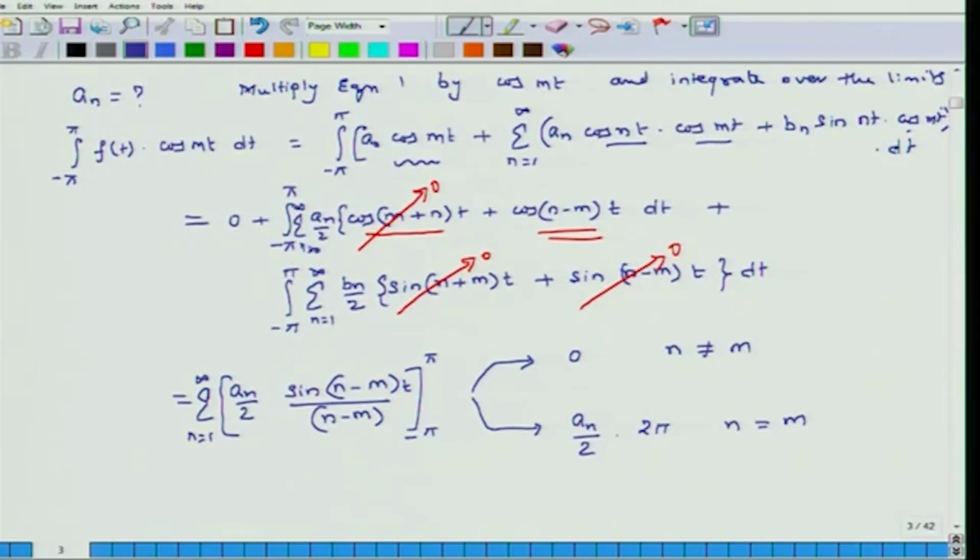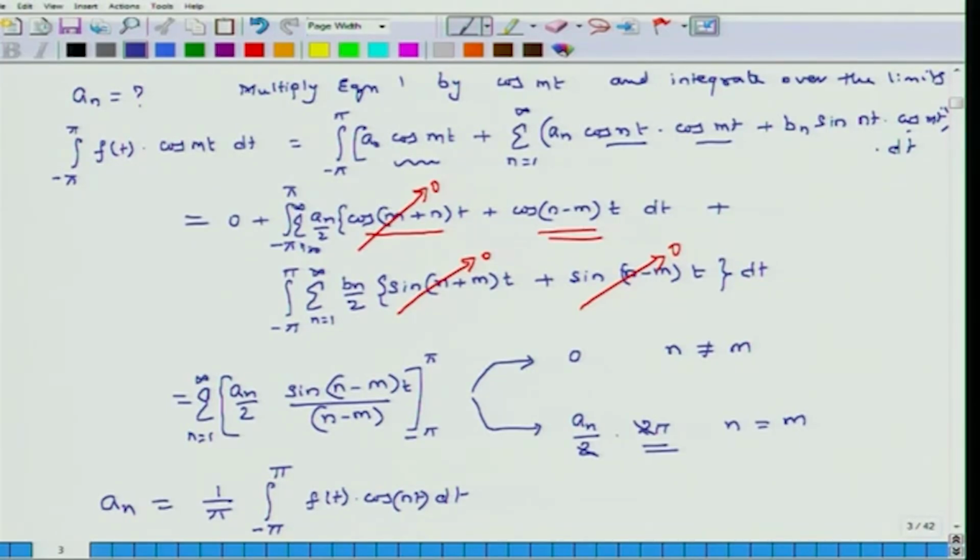If I use L'Hopital's rule, then I get this thing as 2 pi. So my an is equal to, this 2 goes away, 1 over pi, integral from minus pi to pi of f(t) cosine of nt dt. That's the value of an.